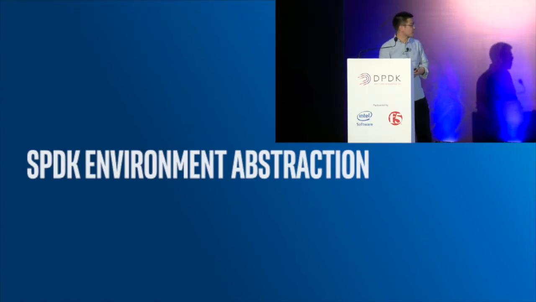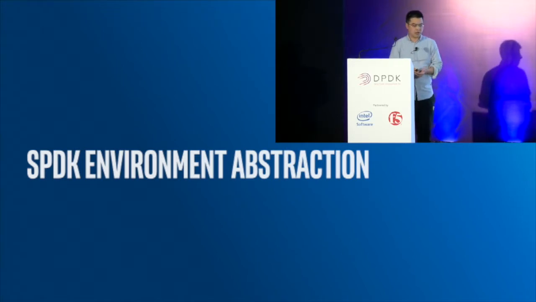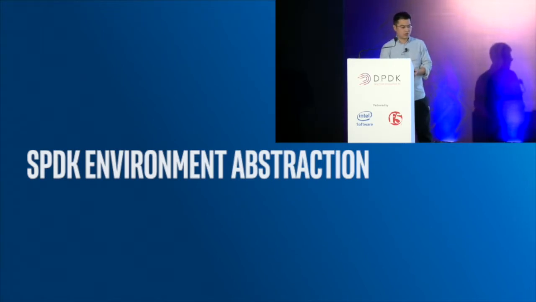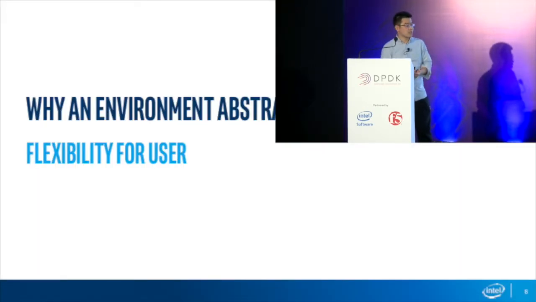So the next part is the SPDK environment abstraction. The reason we need this abstraction layer is that we want to make it flexible for the users. Currently, you can see inside the environment abstraction, we encapsulate the following components in SPDK.